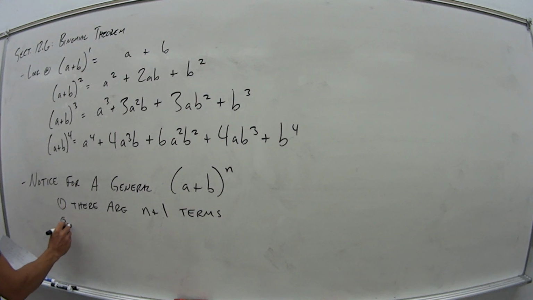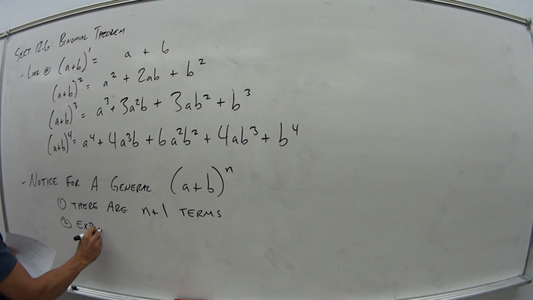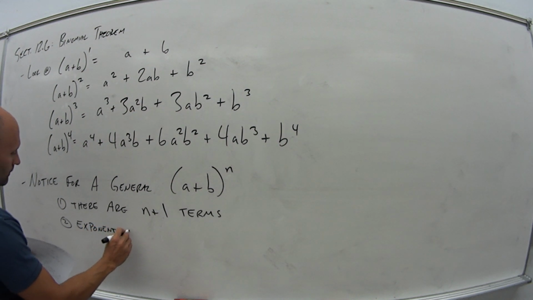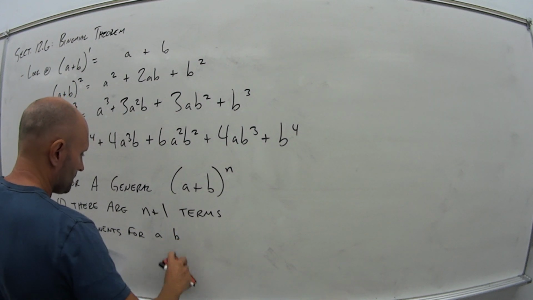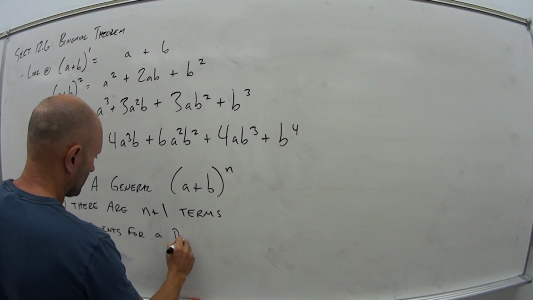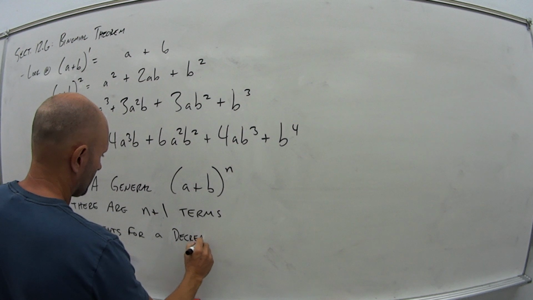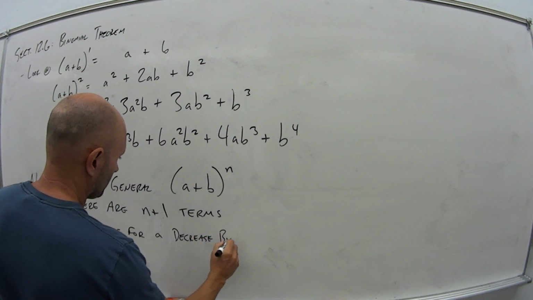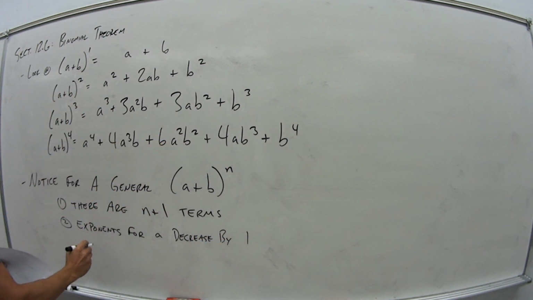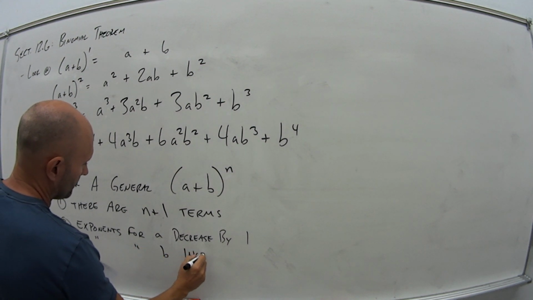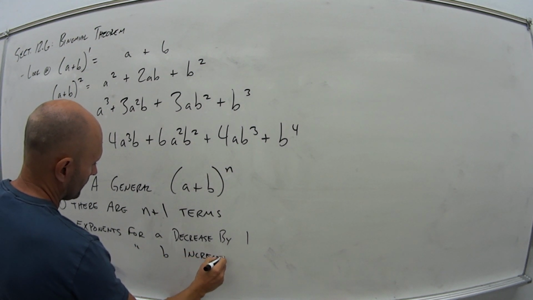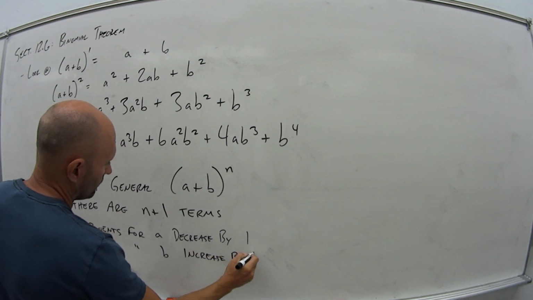So the second thing we notice is that the exponents for A decrease by 1 with each term, and the exponents for B increase by 1 for each term.